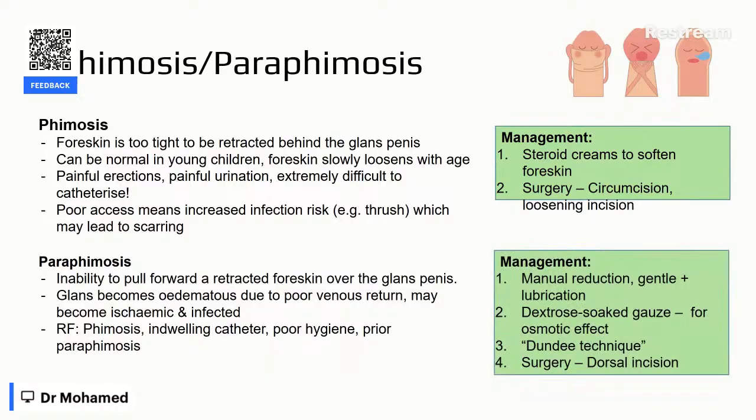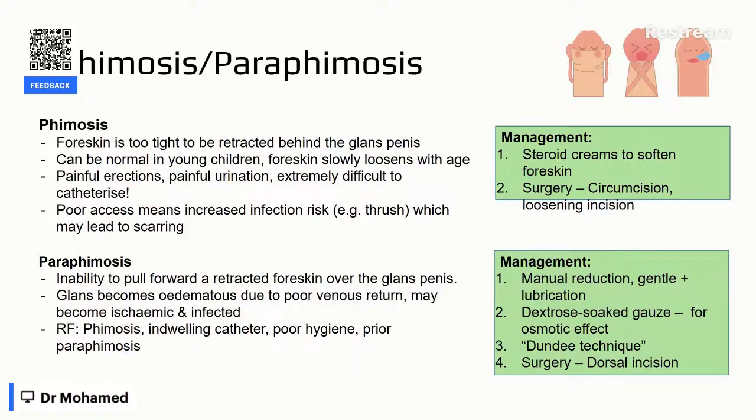Paraphimosis is when the foreskin has been retracted over the glans and for some reason has been left that way because someone has forgotten to return it to its original position. You essentially get edema of the glans to the extent where you can't bring the foreskin back again.